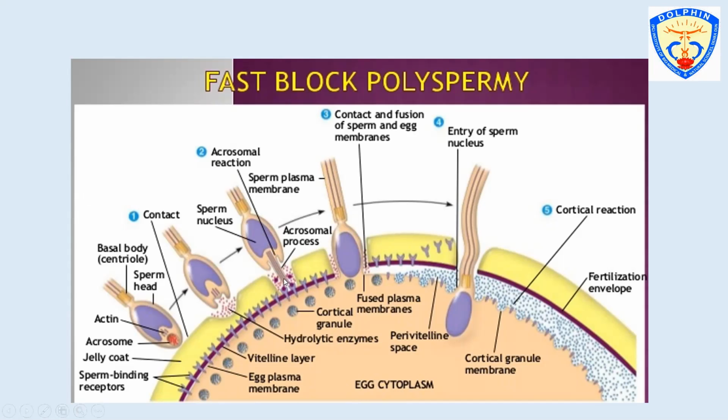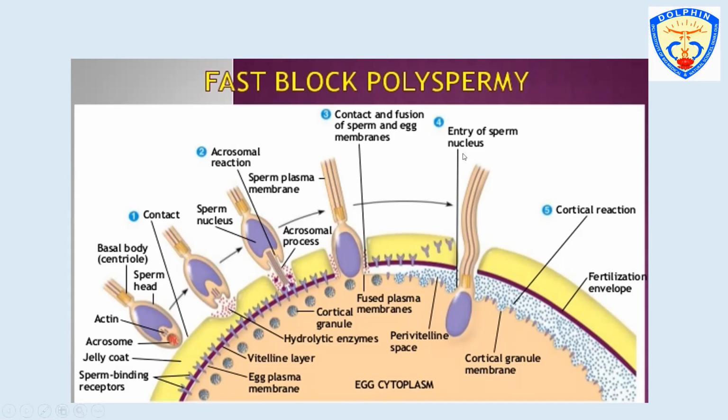Once this has been initiated, the head of the sperm or the sperm nucleus will enter into the ova by gradually dissolving the jelly coat, and it is going to fuse with the egg membrane.